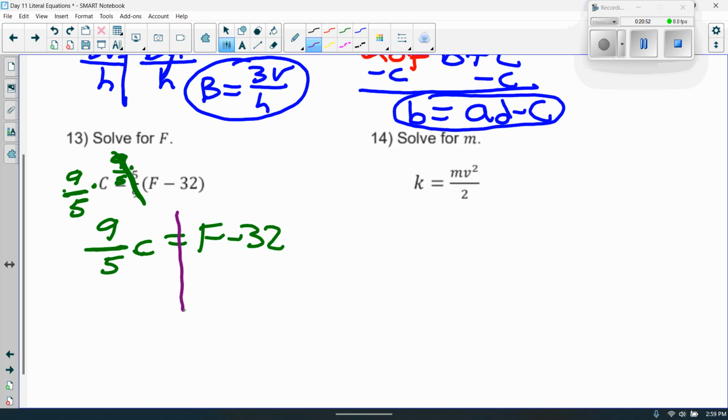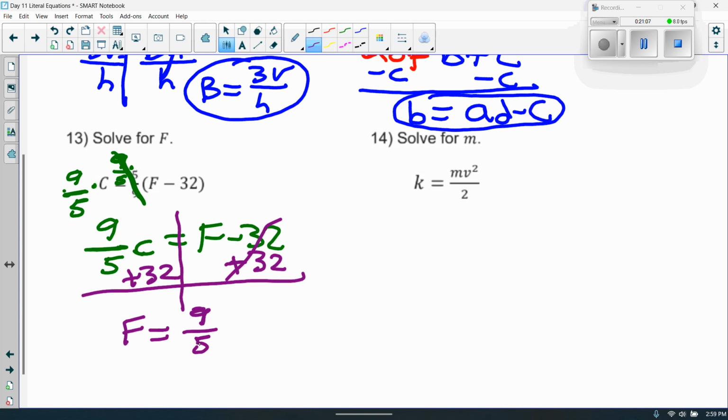No, there's still a minus 32 on that side. So if you're subtracting 32, add 32 on both sides. And your final answer is F equals 9/5 C plus 32. And that's how you convert Celsius into Fahrenheit. Hooray. Yay, science.